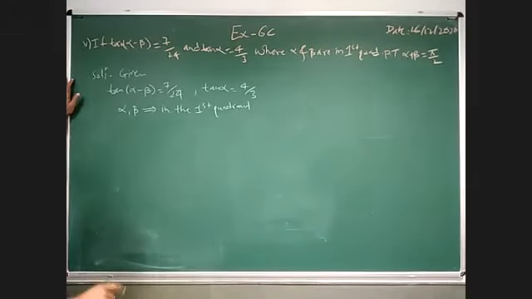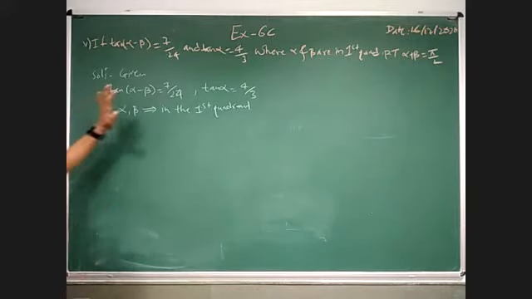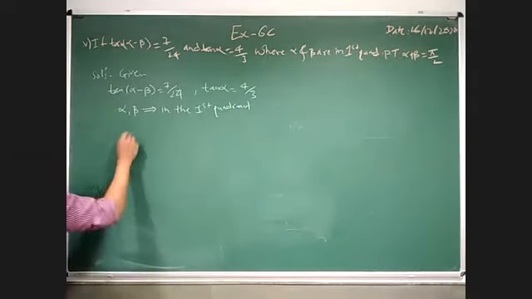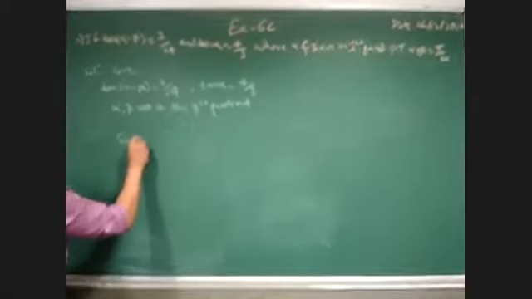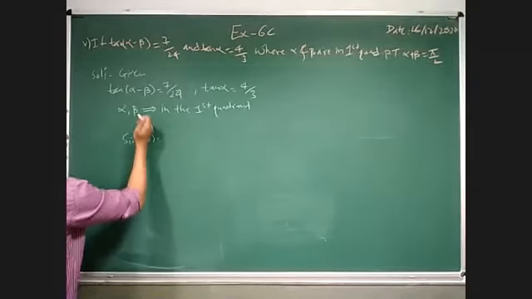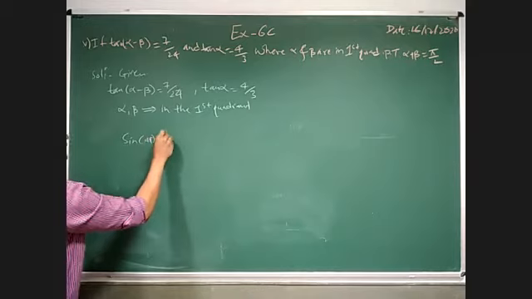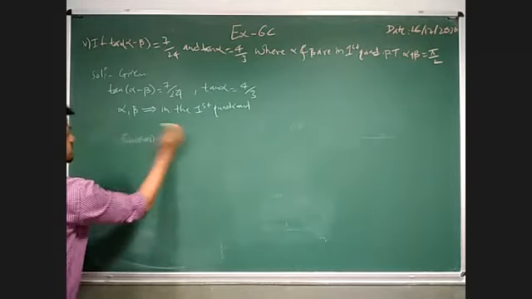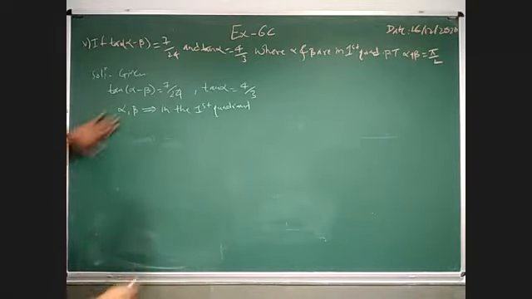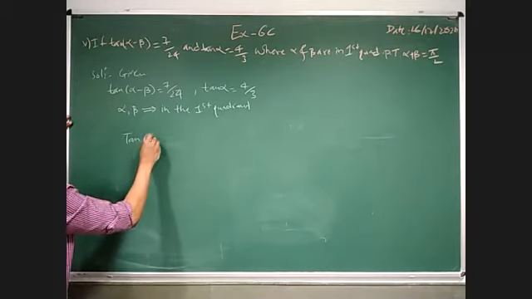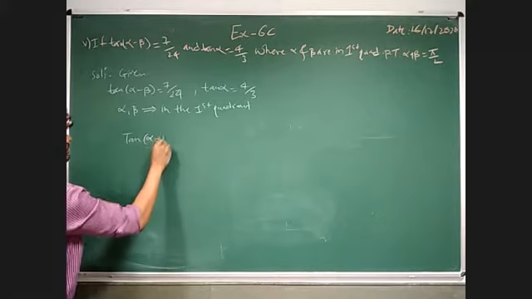So here I'm going to use tan of alpha plus beta, because I cannot find alpha plus beta directly. Just see, I know sine 45 is nothing but 1 by root 2. Similarly I can use tan of alpha plus beta.